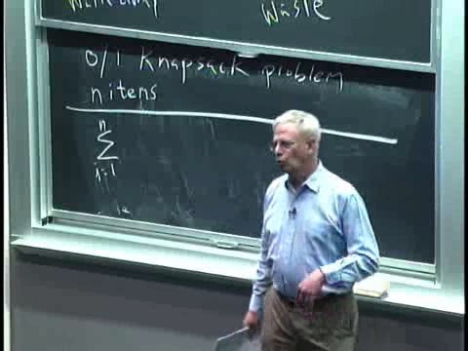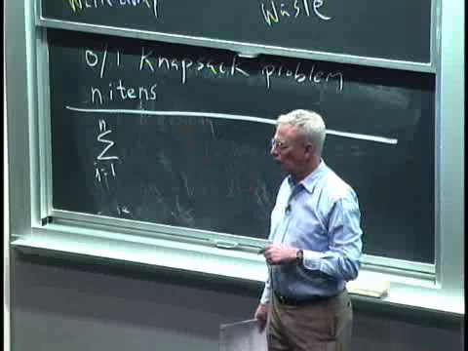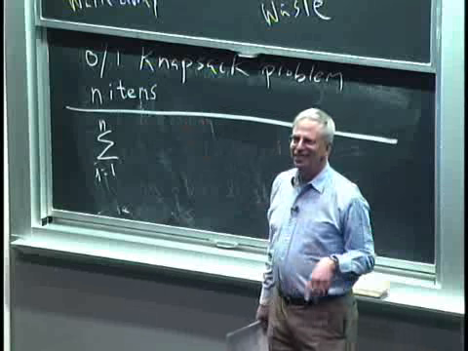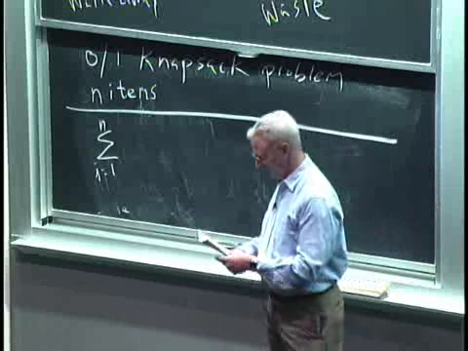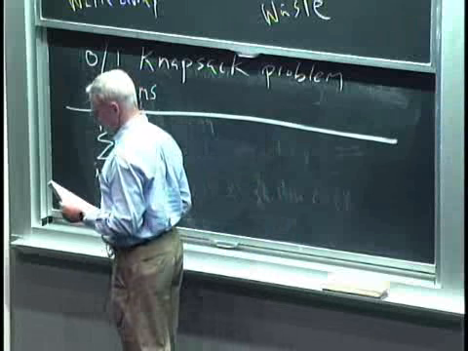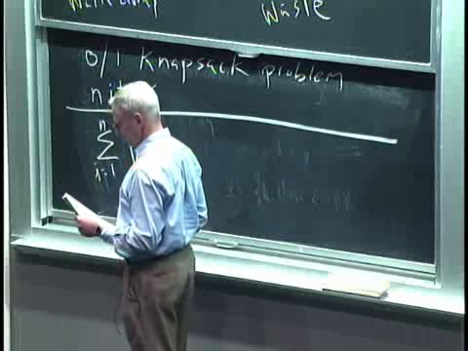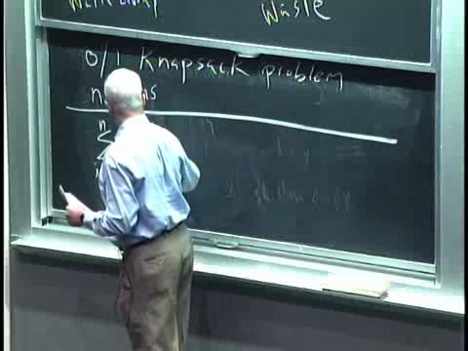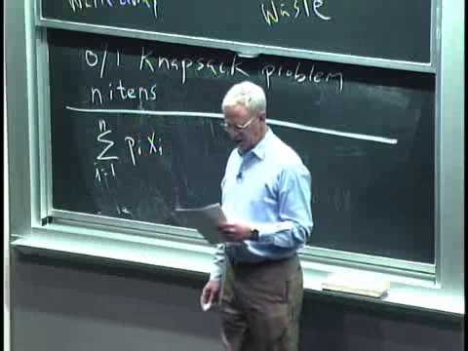So I might label watch 1, 0, watch 2, 2, 1, blah, blah, blah. You know, I don't care that they're both watches. They're two separate items. And then what I want to maximize is the sum of the price of item i times whether or not I took xi.